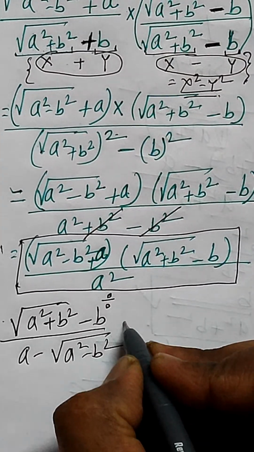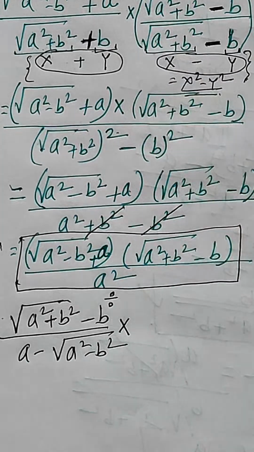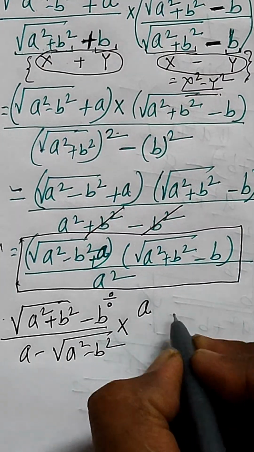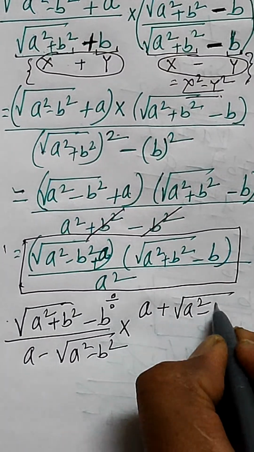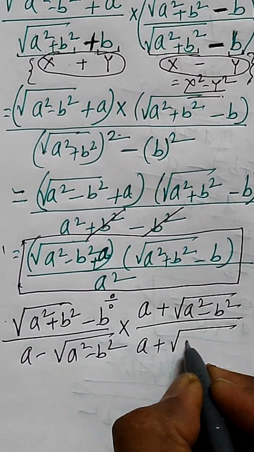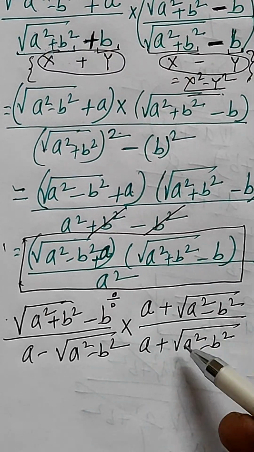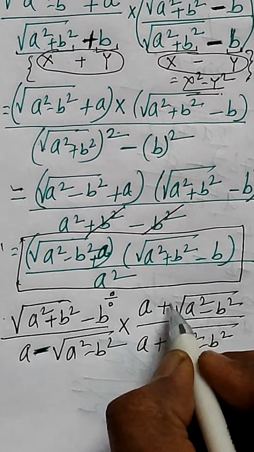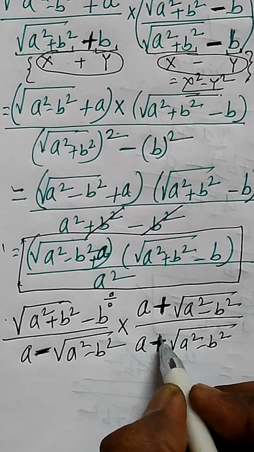Now rationalize this also as we did for the first part. On rationalizing, you can see this is a minus sign, so just multiply it with its conjugate. Now we have a plus √(a²−b²) multiplied in the numerator and the denominator. Here the sign was minus, so we have taken the reverse of this, because this is the basic step of rationalization.